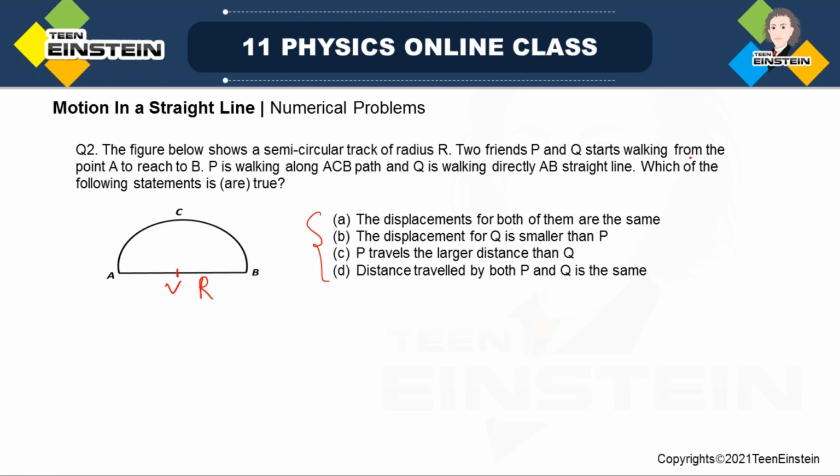And P and Q start walking from point A to reach B. So suppose there are two persons P and Q. They start walking towards B, but in different paths. P is walking along this way, A, C, B path, and Q is walking directly this way. Q is directly moving this way.